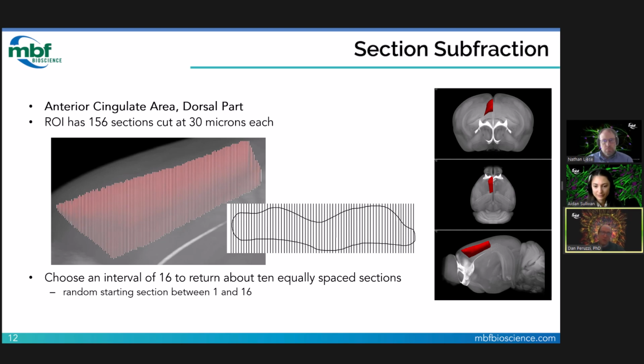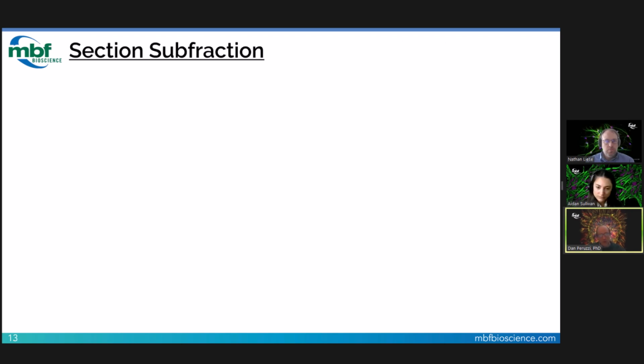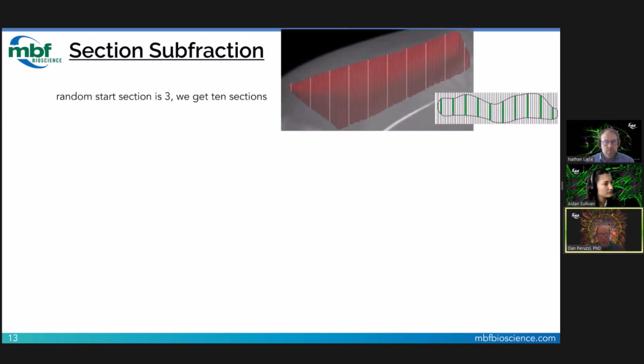But we don't want to start on the first section in the region for every animal, because then we'll be looking at the same 1/16 of each anterior cingulate gyrus. So we actually need a random start. So here are 3 possible examples of using a constant interval, 16, but doing a random start between 1 and 16.